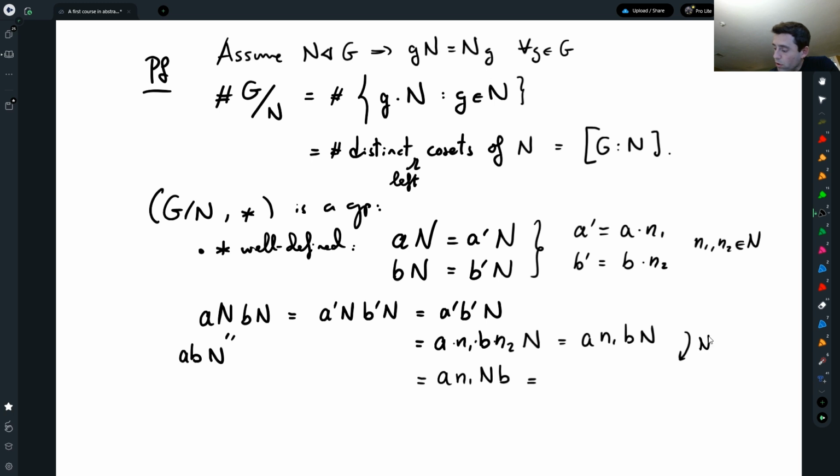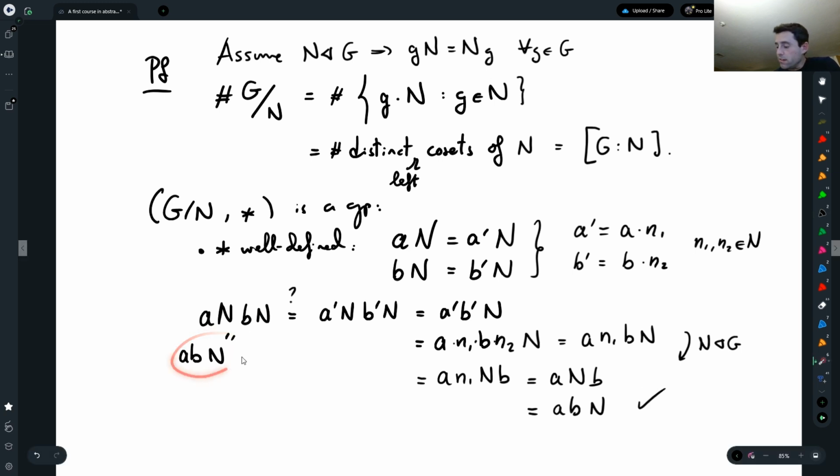Because N is normal in G, I can switch a left coset by a right coset. n1 times N, little n1 is in N, so this is the same as abN. And now I can do the flip again. This is what I was trying to see if they're the same: a times Nb is the same as abN. And therefore, we have reached that this is the same as this, and therefore the multiplication is well defined.